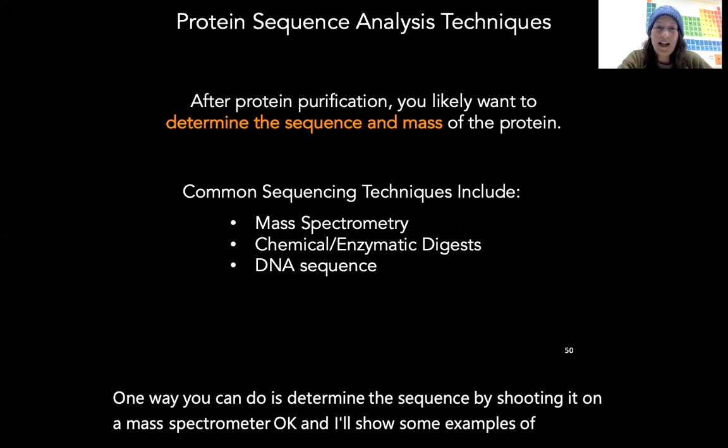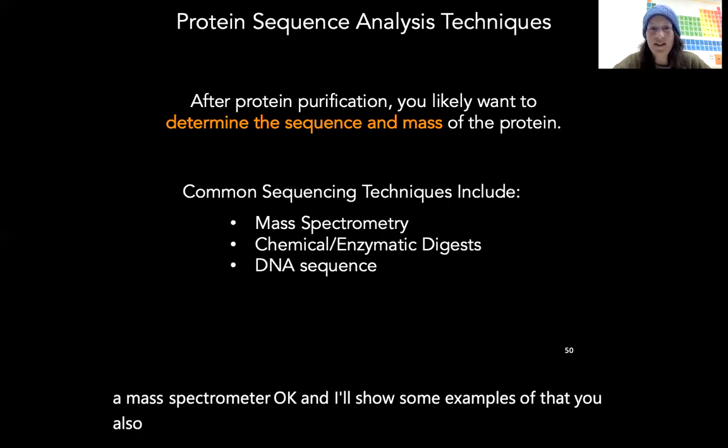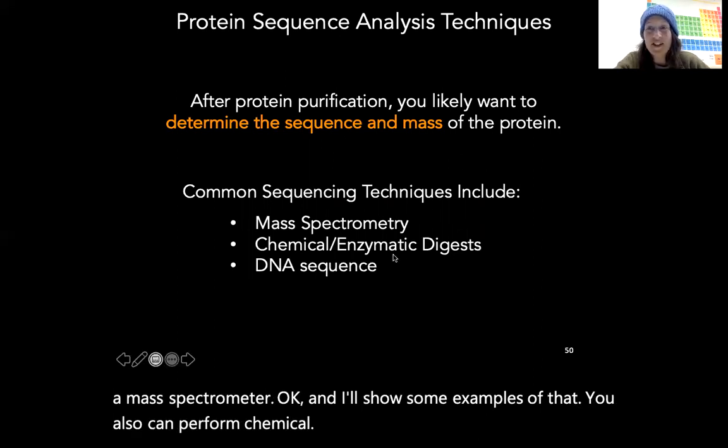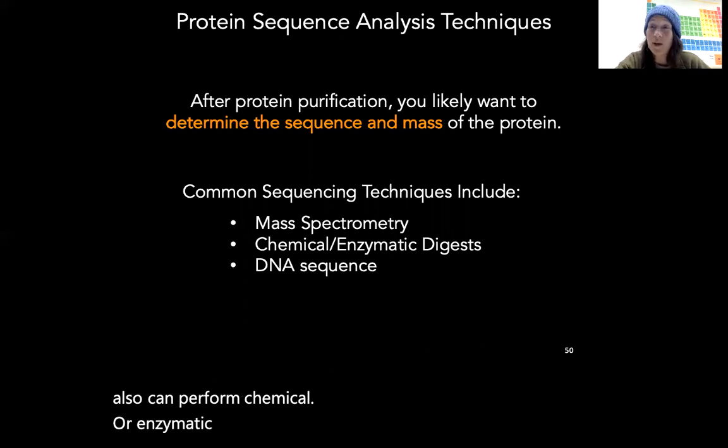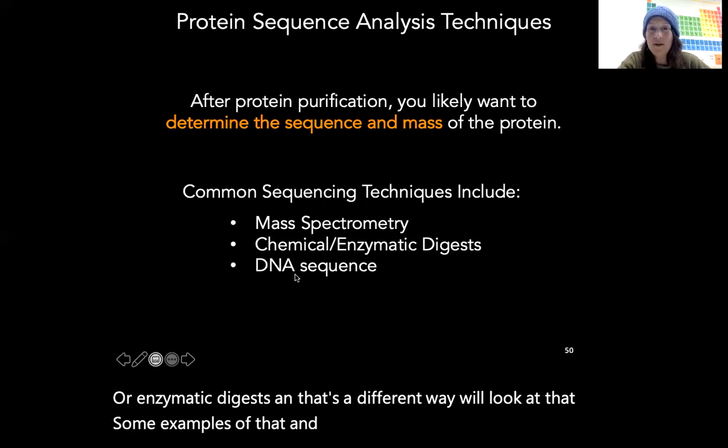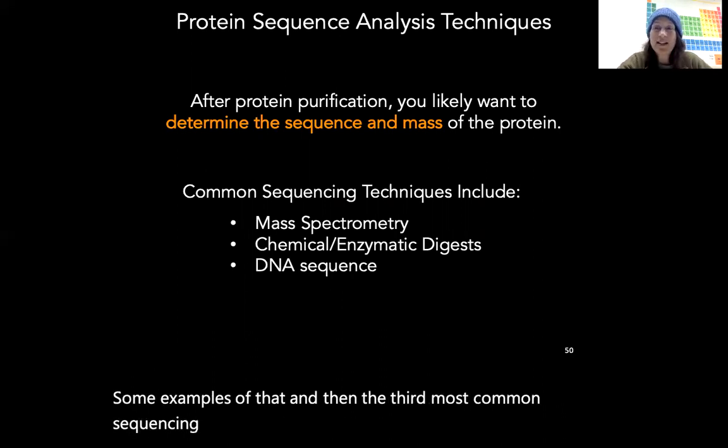You also can perform chemical or enzymatic digests, and that's a different way. We'll look at some examples of that. And then the third most common sequencing technique for amino acid sequence is you would go back and look at the DNA sequence, right?